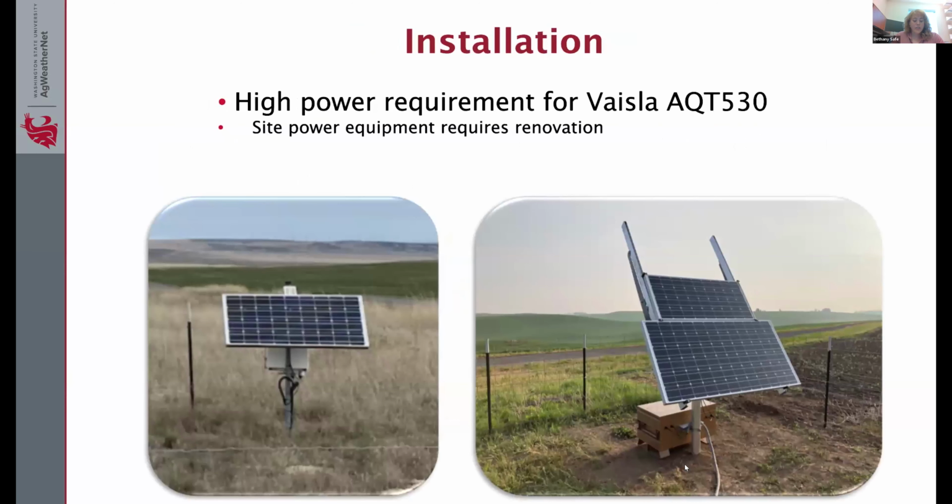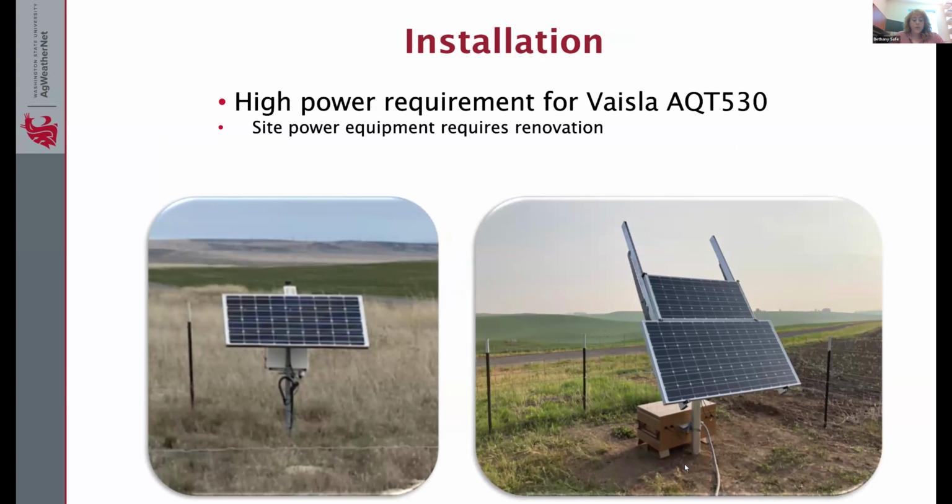With the installation of these air quality sensors, we are having to upgrade our power stations, specifically with the Vaisala AQT 530. All of the sensors, including the Purple Air ones, have an immense power draw, but specifically with the Vaisala sensor, we wouldn't be able to support them on our previous power station design.